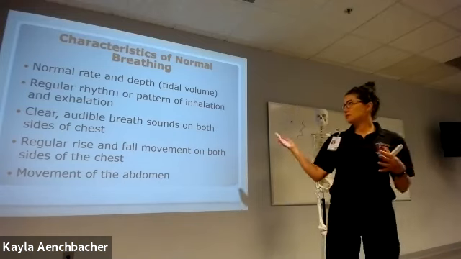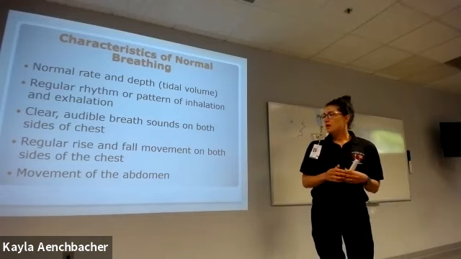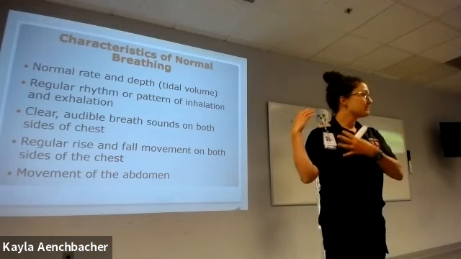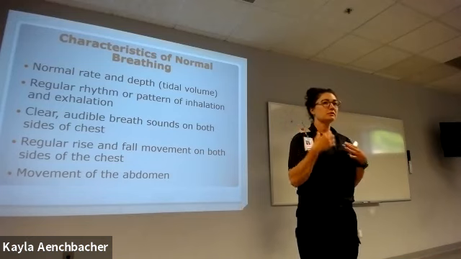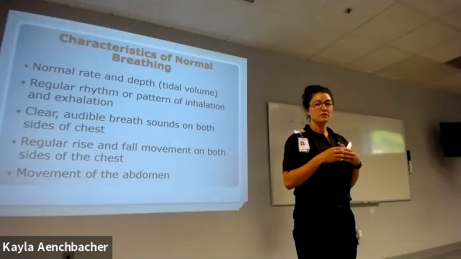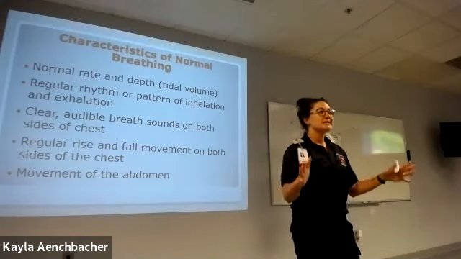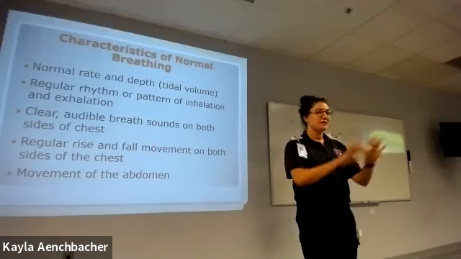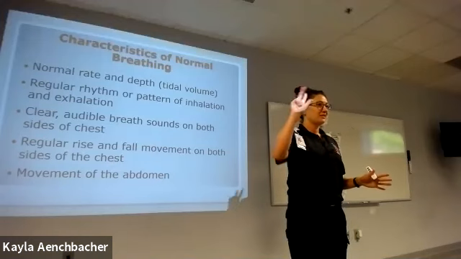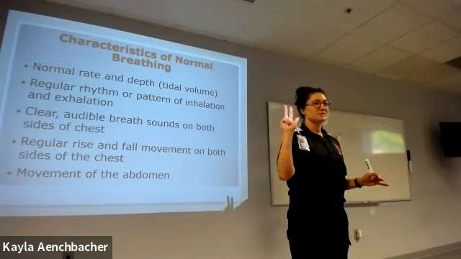All right, so we want to make sure we have a normal rate, a normal rhythm, and then quality for the aspect of breathing. I'm going to be looking at what? Chest rise. What do I want to see when it comes to that chest rise that tells me everything's working okay? There's 3 terms I want to see.